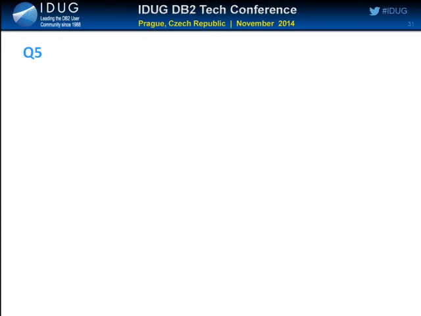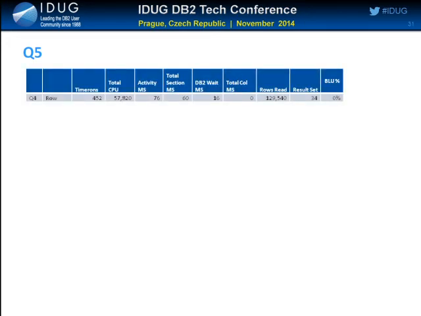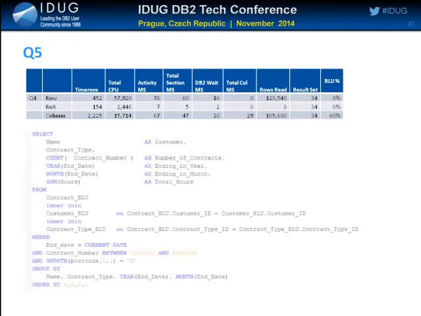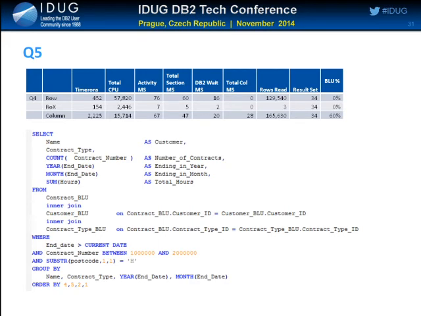Here's the results then. So there's the ones from before, there's the Q4 row-based and row-based with an index, and there's the Q4 column-based with the degradation in performance, if you like. That's the query I'm running.